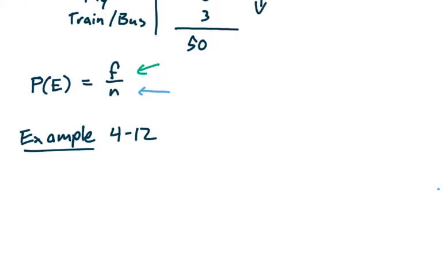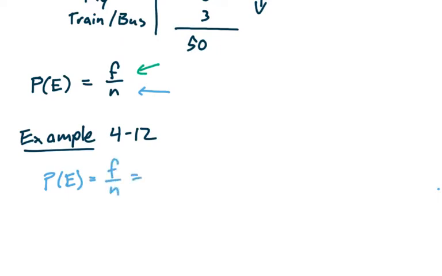In this example, 4-12, it says in the travel survey that they just described, find the probability that a person they select at random will travel by train or bus over the Thanksgiving holiday. So here we're going to be using this formula, P of E equals F divided by N.